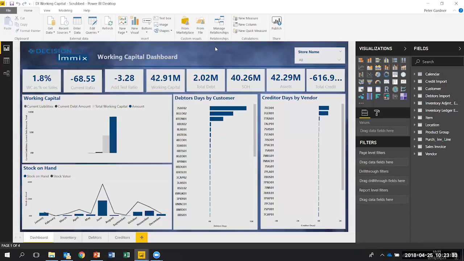We can calculate cash flow. If we've got the aging and we've got the payment rules per creditor and for each customer, then we can even start forecasting what the cash flow and working capital will be in the future.